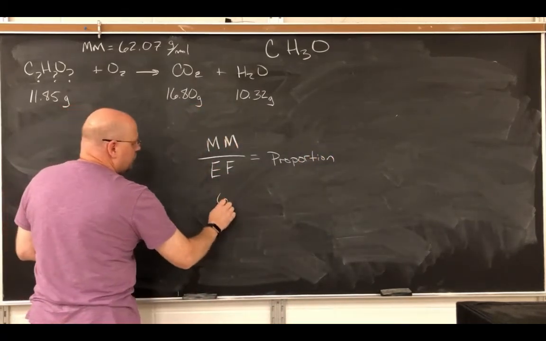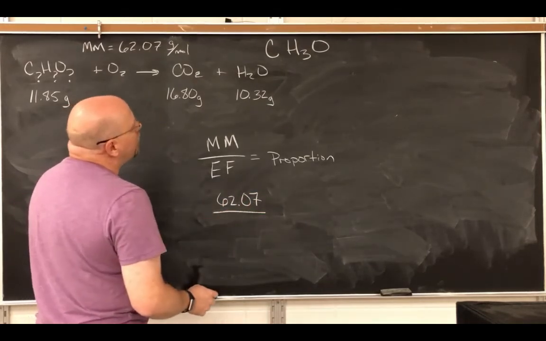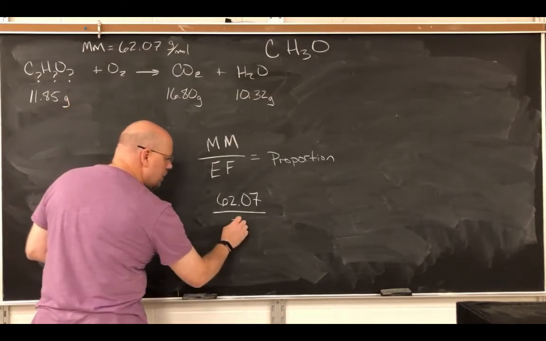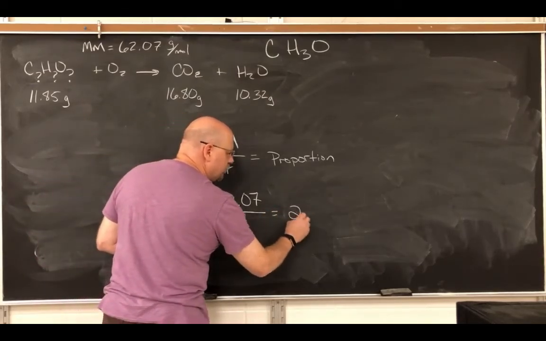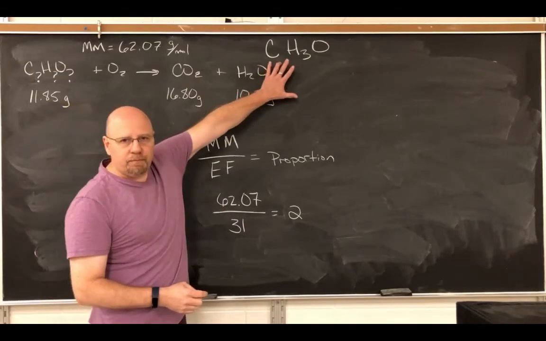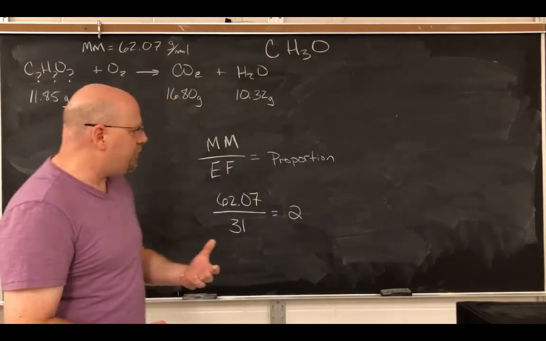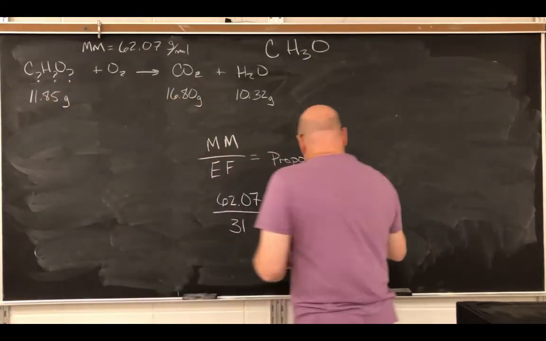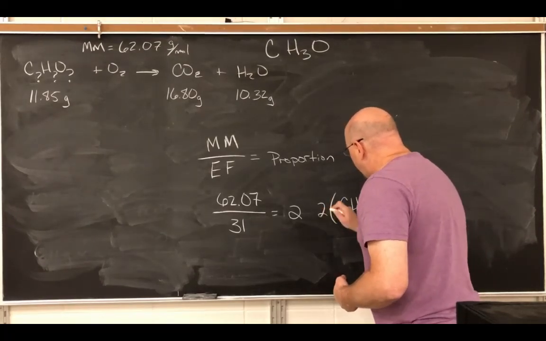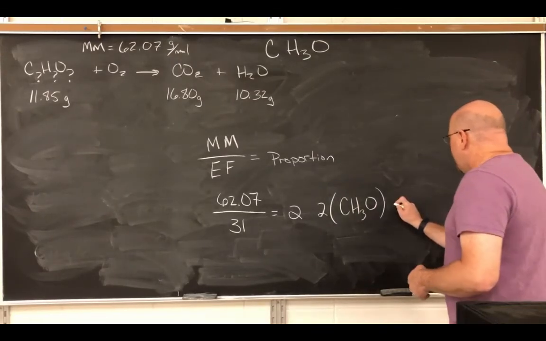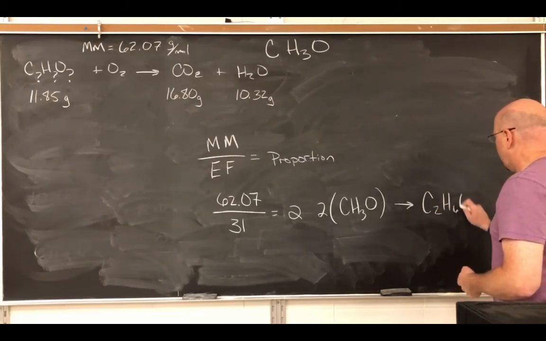So in this case, we're going to have 62.07 divided by 12, 15, 31, rounding it in my head because it's close enough, and that's going to give me a value of 2. And what that means then is that this empirical formula is 2 times less than what the molecular formula is. So we would simply say CH3O would need to be multiplied by 2 times. This then means that the molecular formula is going to be C2H6O2.